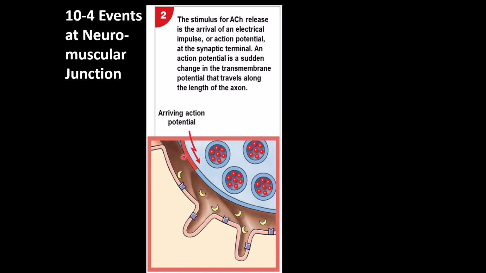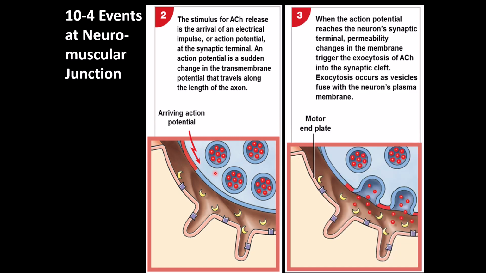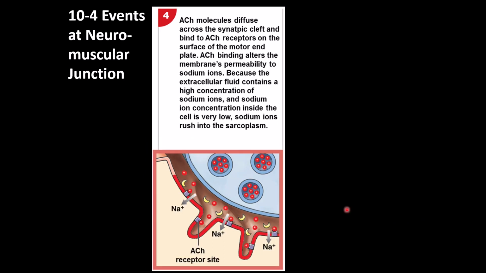So the action potential comes here, and once it gets to the presynaptic membrane, calcium enters the cell, which is not shown here, and that calcium will cause fusion of these vesicles into the presynaptic membrane. Once they fuse, the neurotransmitters, which are acetylcholine, are released in the synaptic cleft here.